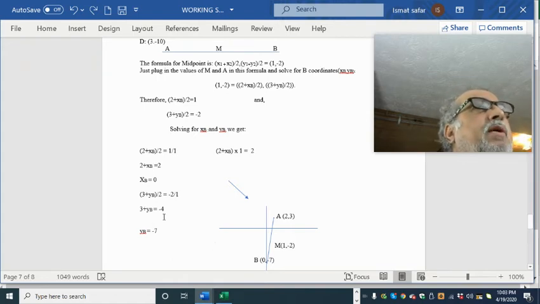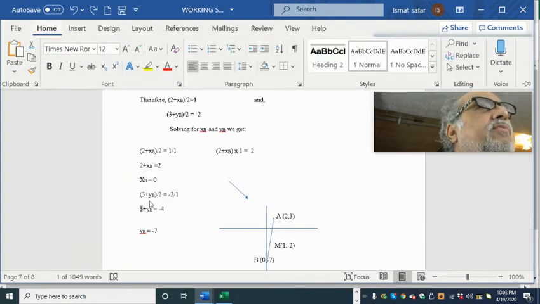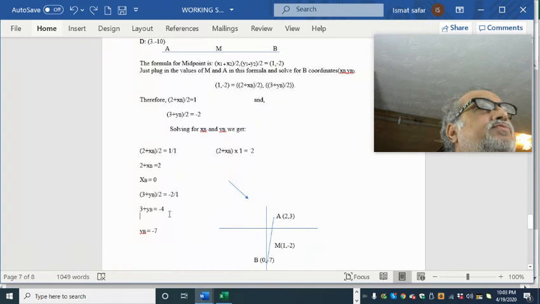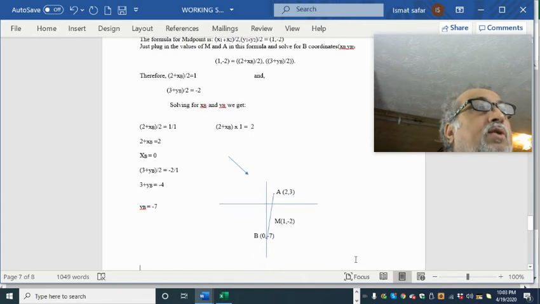So this 3 here becomes negative 3. So negative 4 and negative 3 equal negative 7. Okay, negative 7. So we're done.